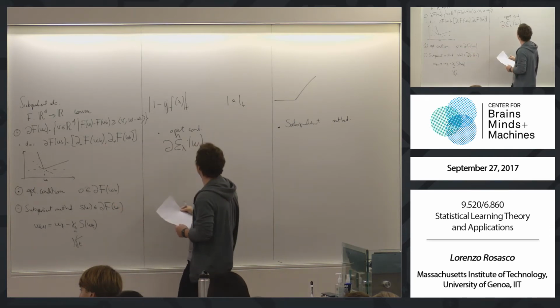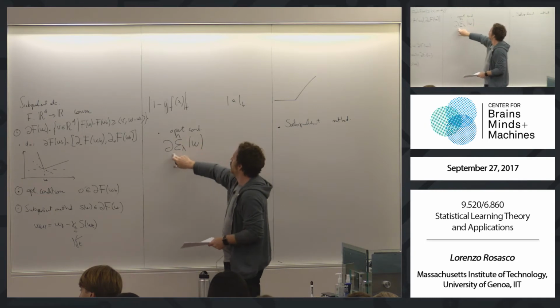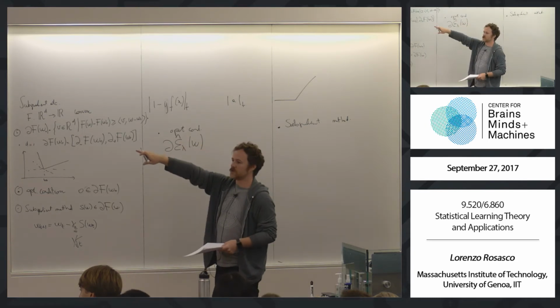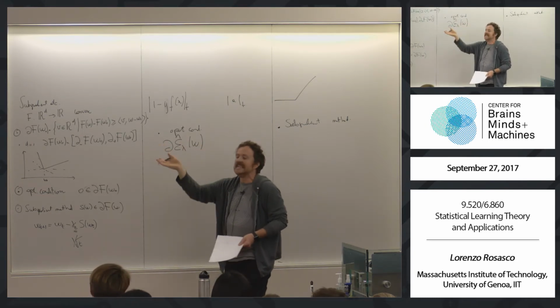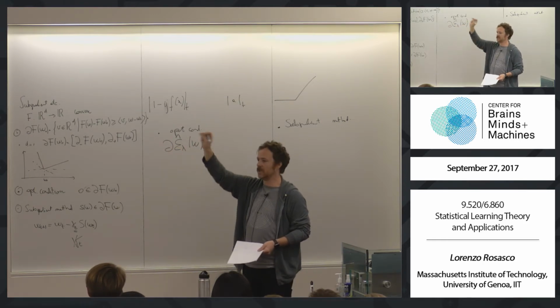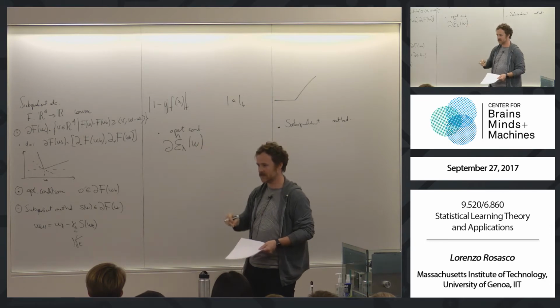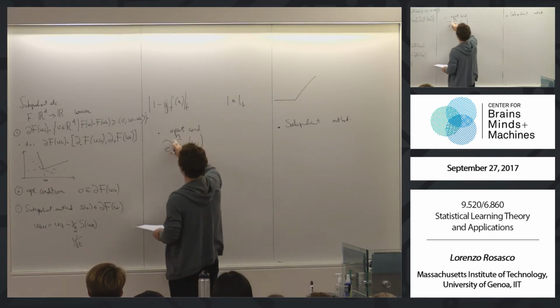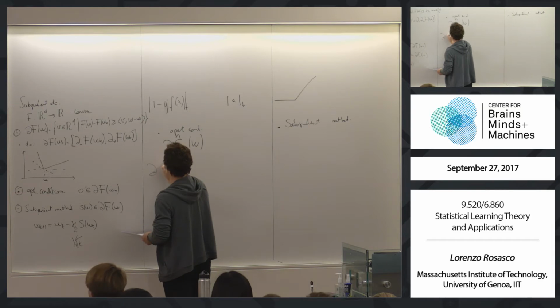Make sense? When I have to compute the subgradient of the regularized functional, the norm part is easy because it's just a squared norm. So all I have to worry about is the loss function and the empirical risk. So let's concentrate for a minute on just this.